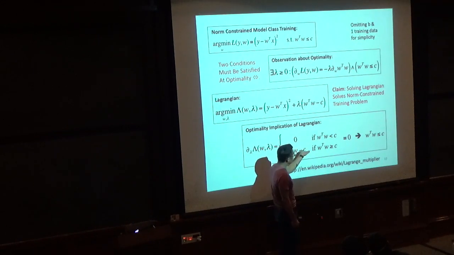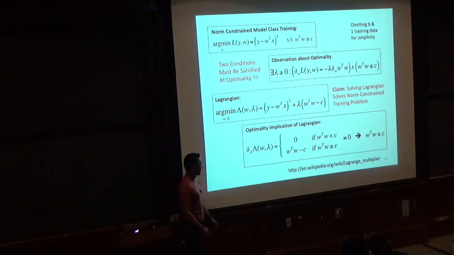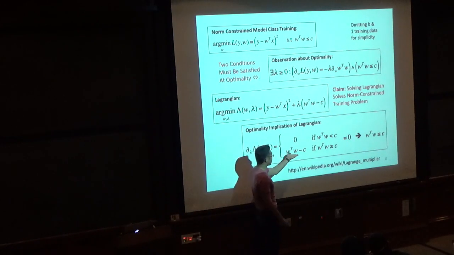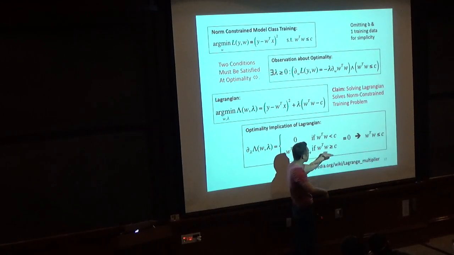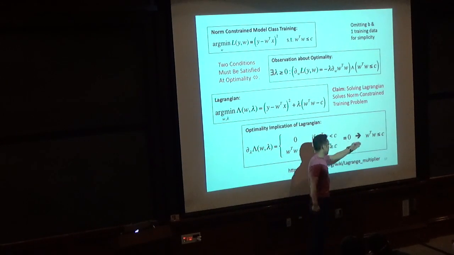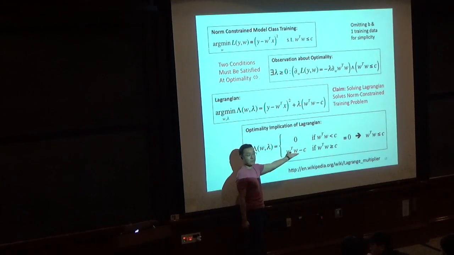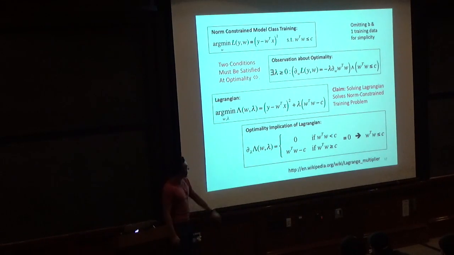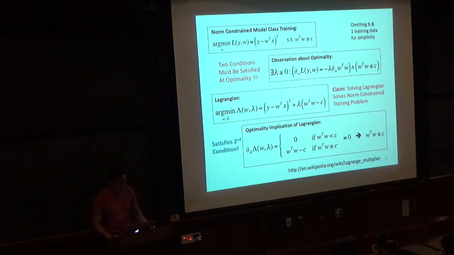The second if clause implies this. Because the only way that this can be 0 is if we push W transpose W to a point where it is less than or equal to C. Otherwise, this is strictly positive. And so that satisfies the second condition for optimality for this objective.